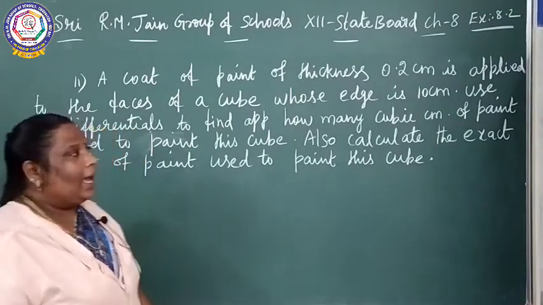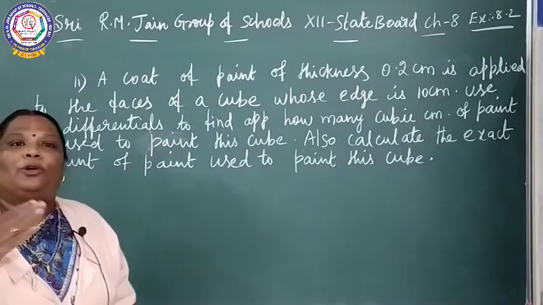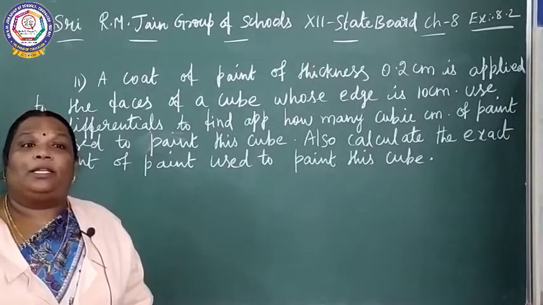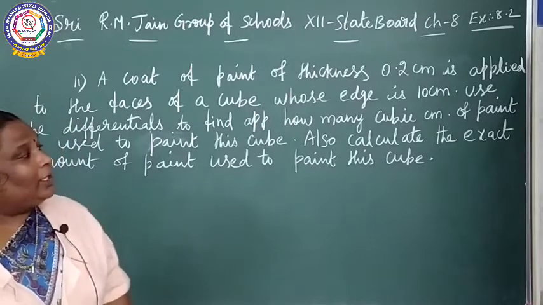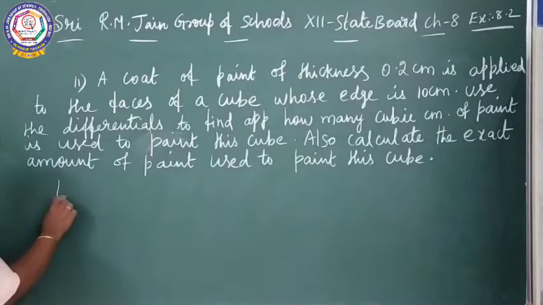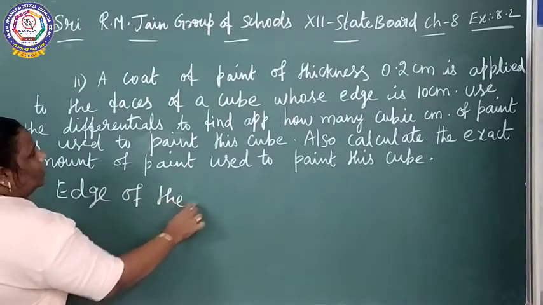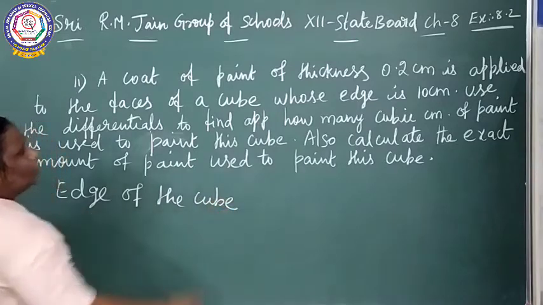See here, the edge of the cube is nothing but A. You know the formula. What is the volume of the cube? Because the total area to be painted means it's nothing but the volume of your cube.